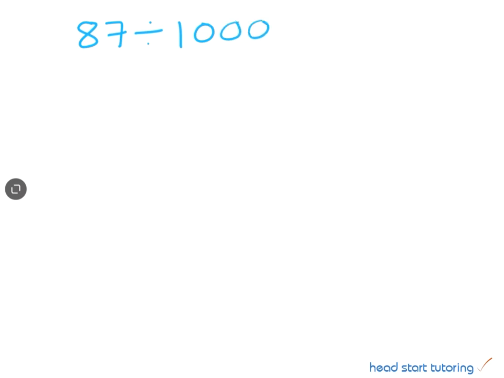Let's have a look at 87 divided by 1000. So we have got 87.0 divided by 1000. And we know that the 8 and the 7 and the 0 will move 3 place values to the right. So at the moment we've got 8 tens, 7 units, and 0 tenths.